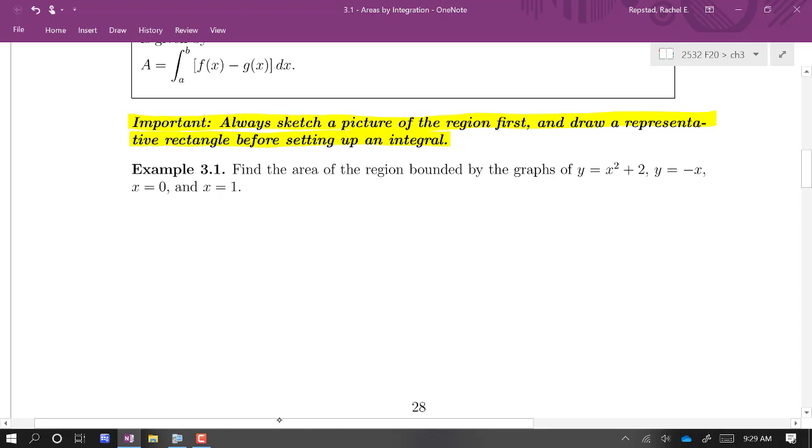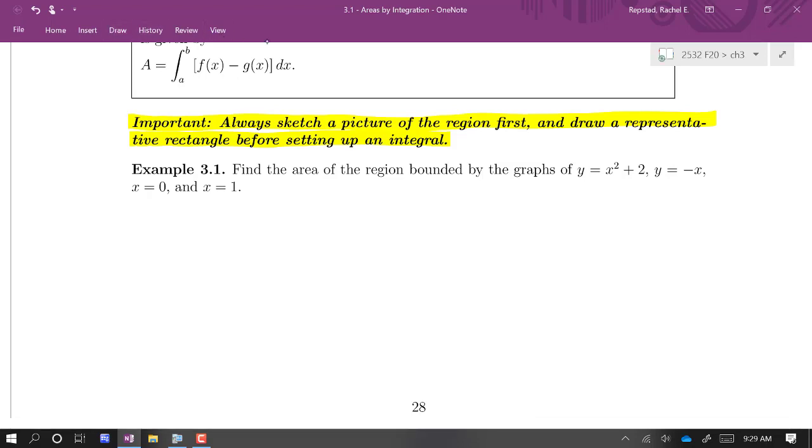So here we want to find the area of the region bounded by the graphs of y equals x squared plus 2, y equals negative x, x equals 0, and x equals 1. A lot of the problems will be worded like this: find the area of the region bounded by, and then they give you a list of equations. Two of these equations, x equals 0 and x equals 1, are just vertical lines, and those will be the limits.